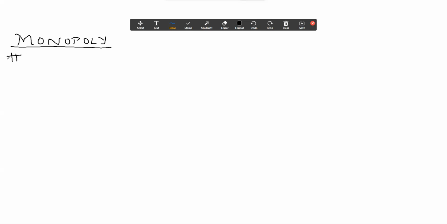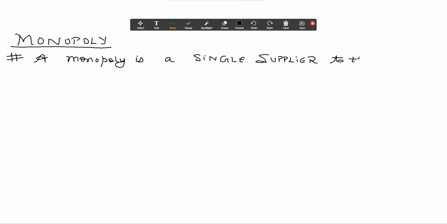A monopoly is a single supplier to the market.